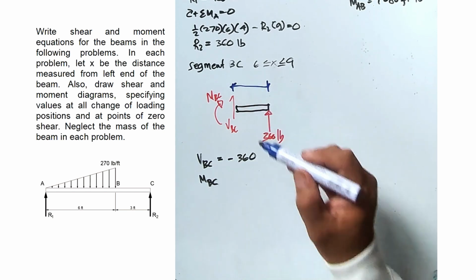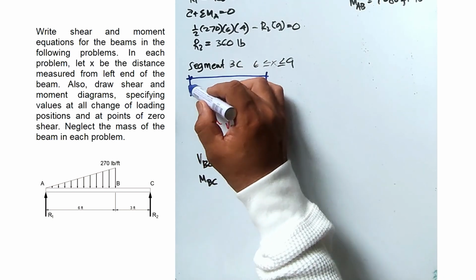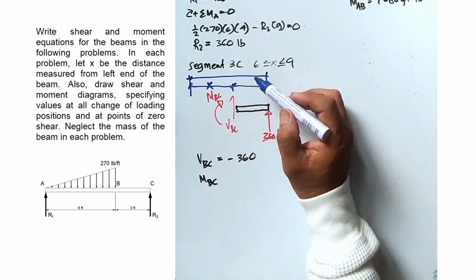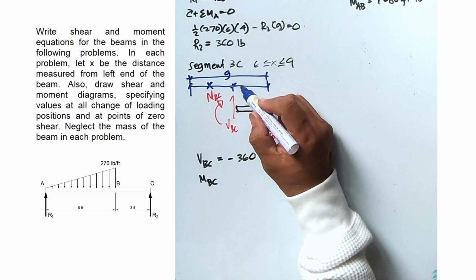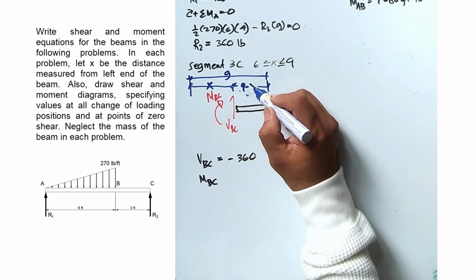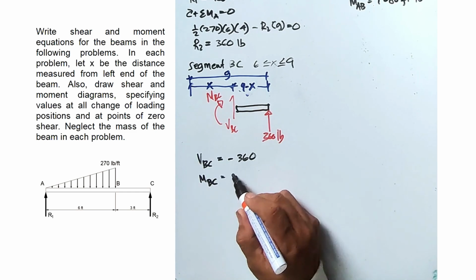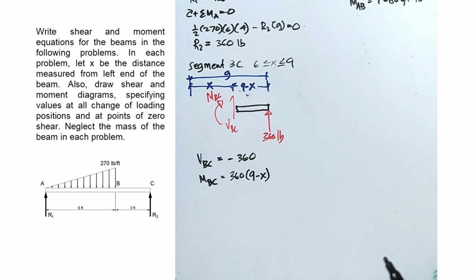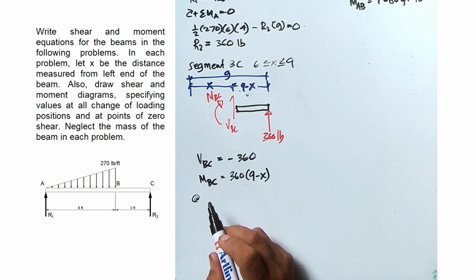Since x will be measured from the left end, that means up to the left end, this will be our x. Since this is 9, that's 6 plus 3, that means this distance is 9 minus x. So our moment arm is 360 times 9 minus x. So let's solve for the shear and moment.